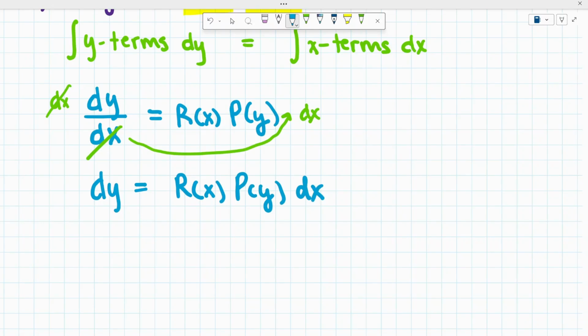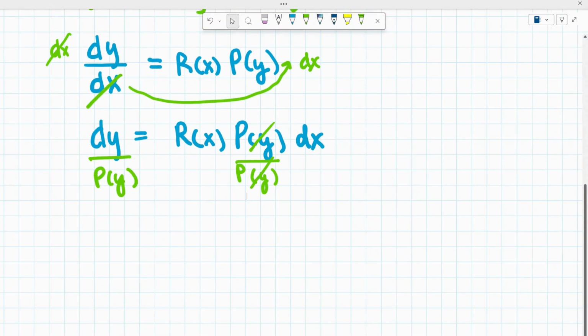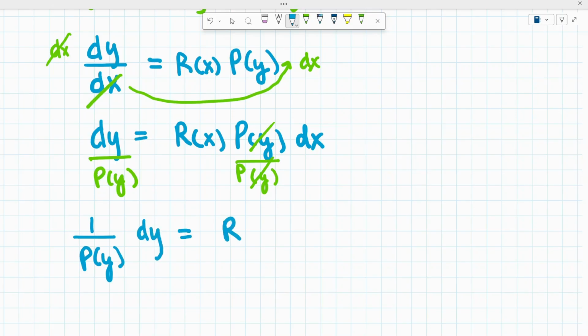Next, I need to get my y terms all together. So I'm going to divide both sides of the equation by p(y). So we end up canceling it out on this side, and as a result, we have that 1 over p(y) dy equals r(x) dx.